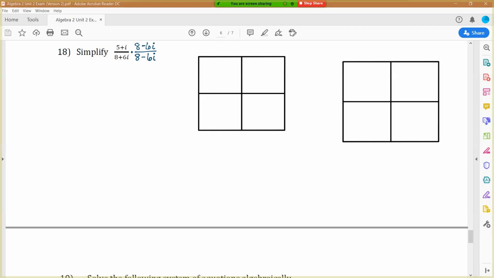I'm going to do the numerator first, and then the denominator. So 5 plus i and 8 minus 6i.